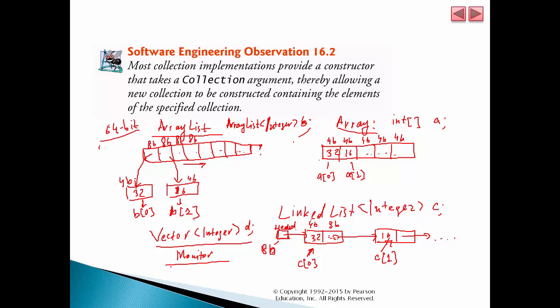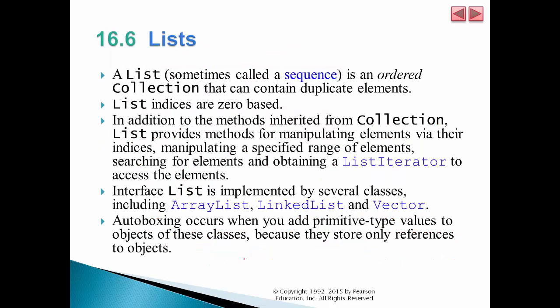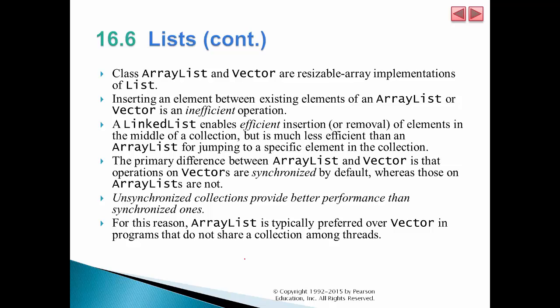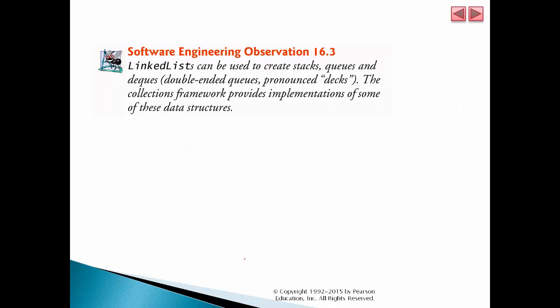So threads are mutually exclusive. One thread can access while others wait, and when one thread releases this particular data structure, the other can access it, and so forth. So the vector is a thread-safe version of the array list. I hope it is clear what vector is. So we talked about the efficiency, and we talked about the synchronization part.